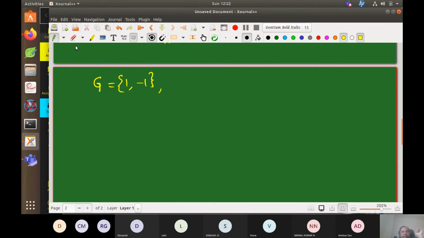Is it still a map? Is it still an action? Still an action, with the same action, multiplication, right?